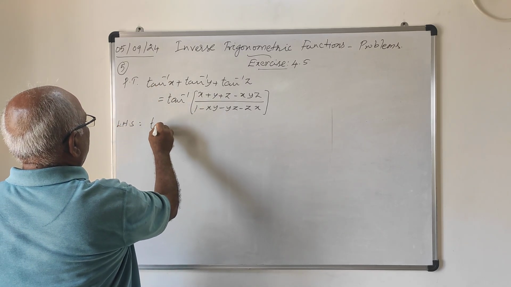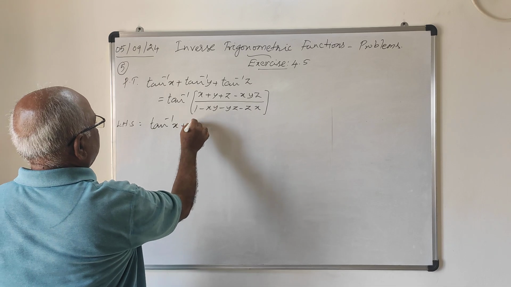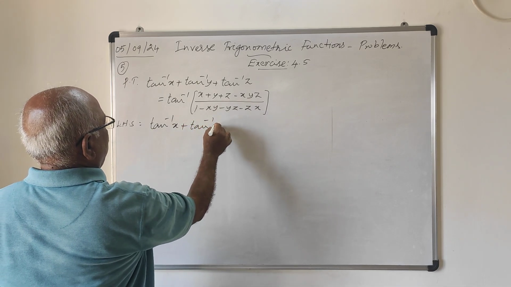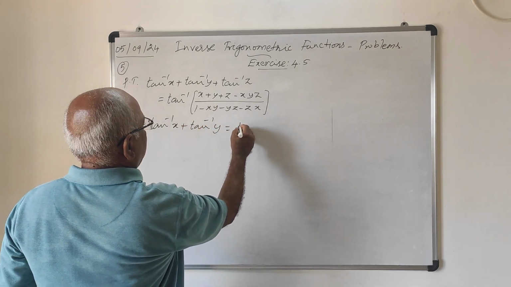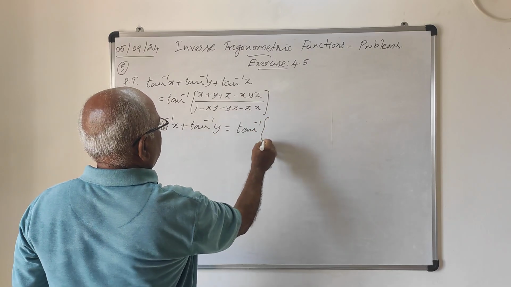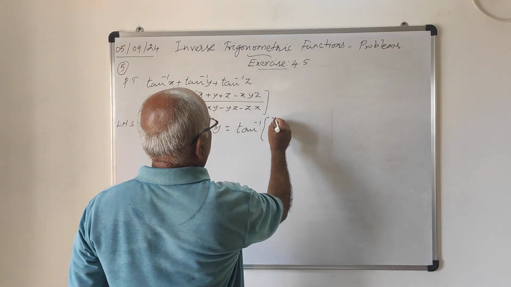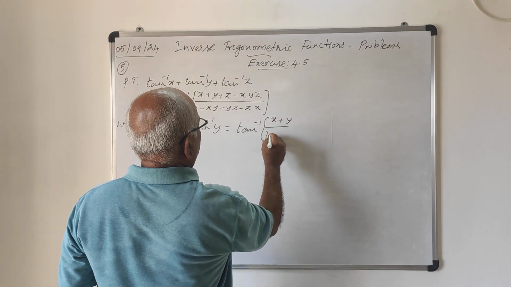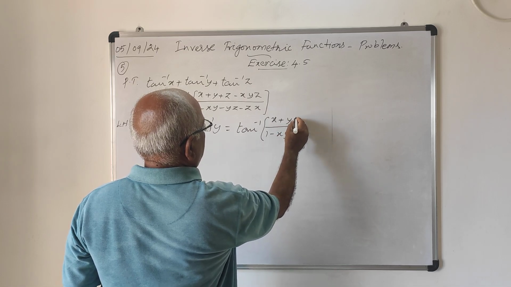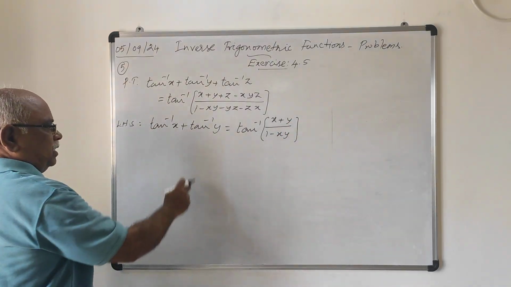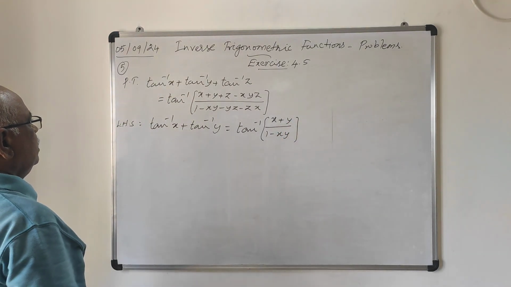You know the formula: tan inverse of x plus tan inverse of y is tan inverse of (x plus y) by (1 minus xy). This is the result for tan inverse x plus tan inverse y.